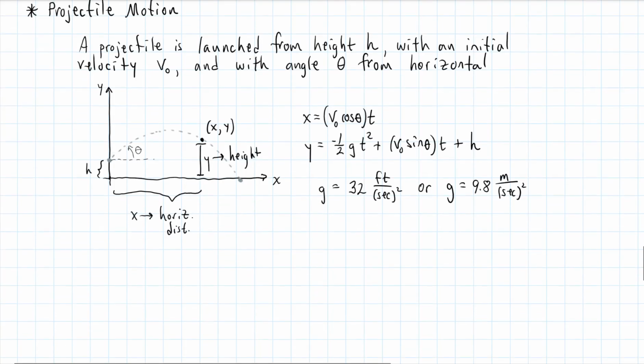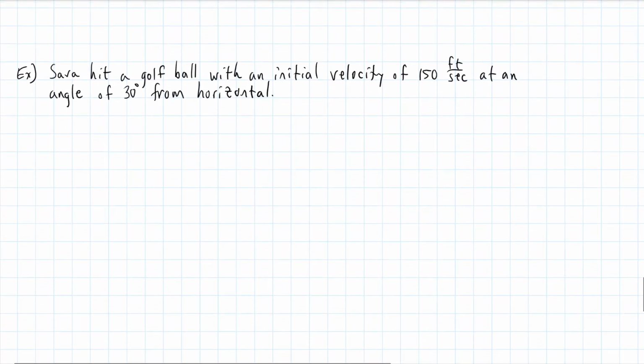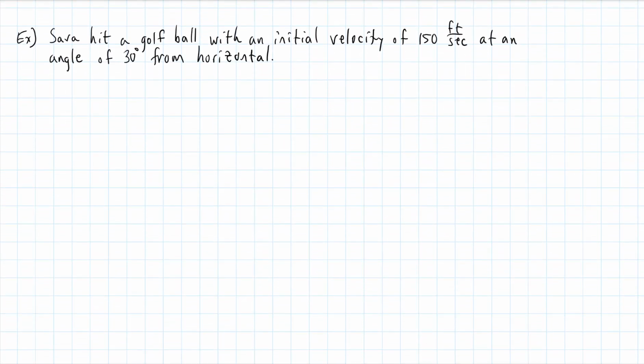One of the popular sports here at Brebeuf is golf. Let's take a look at a golf example. Sarah hits a golf ball with an initial velocity of 150 feet per second at an angle of 30 degrees from horizontal. So let's see what we can learn about this.